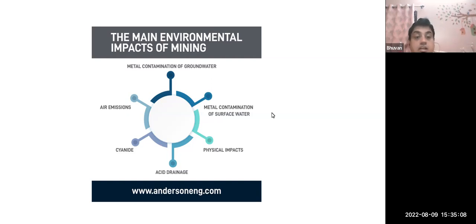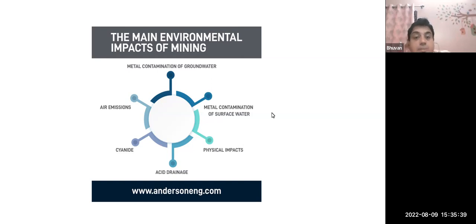In the case of rainfall or heavy rains, these heavy metals along with the radioactive isotopes get dissolved in the rainwater, and when the rainwater infiltrates into the ground, these heavy metals also reach inside the ground and pollute the groundwater. Similarly, the metals with the surface runoff also contribute towards the pollution of surface water bodies.